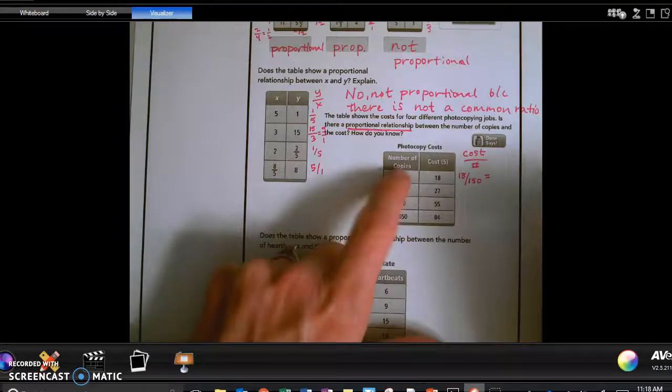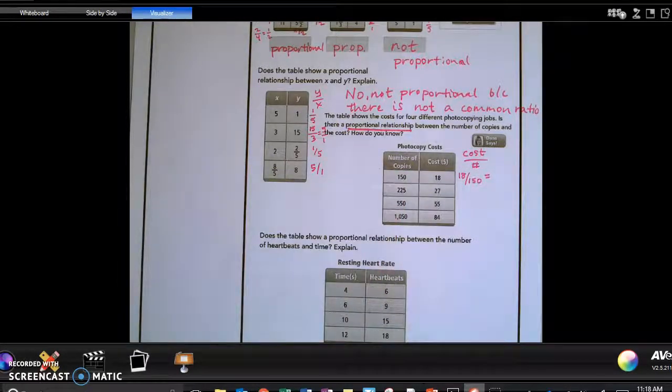Now I'm going to have some reducing to do on this one. So I need to make sure that I find the greatest common factor for 150 and 18. So as I'm thinking through this, I'm thinking that 18 probably does not go into 150.